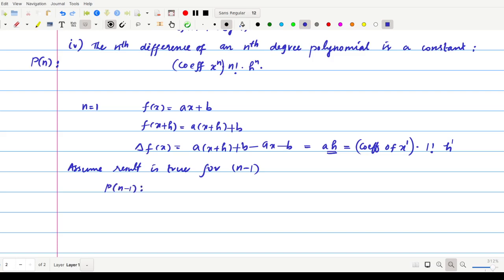What is the statement corresponding to n minus 1? That is the statement that the nth difference of an n minus 1 degree polynomial is a constant.